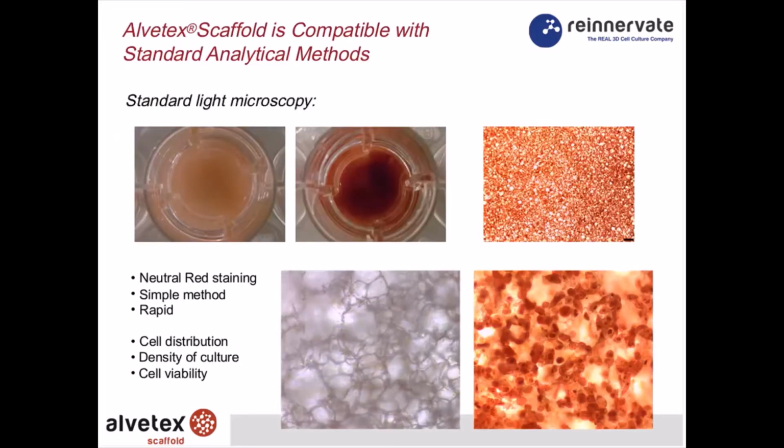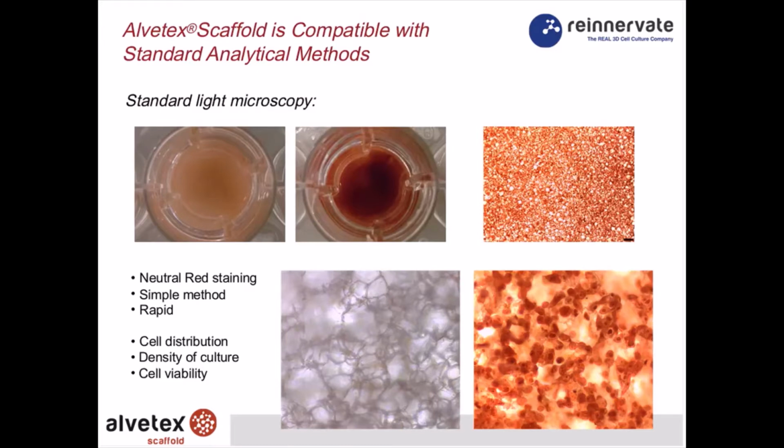So let's finish off by just covering a few technologies and analytical methods that are compatible with Alvetex technology. One of the questions we often get is, how do we visualize cells inside the material using a conventional microscope? So we've created a very simple staining process.